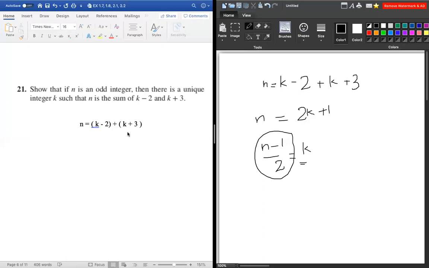We also know that n is an odd number, so if we subtract 1 from an odd number, it becomes even. Even divided by 2 is an integer. So we know that k is an integer.